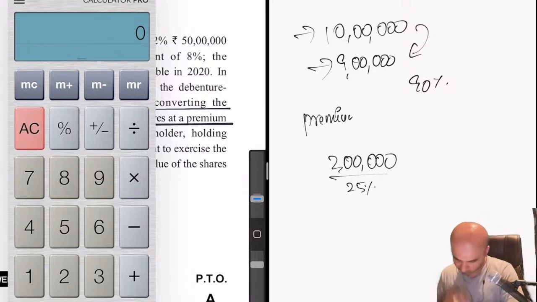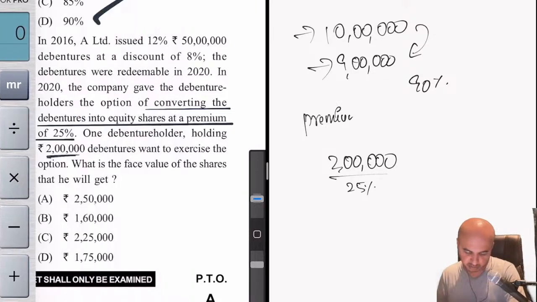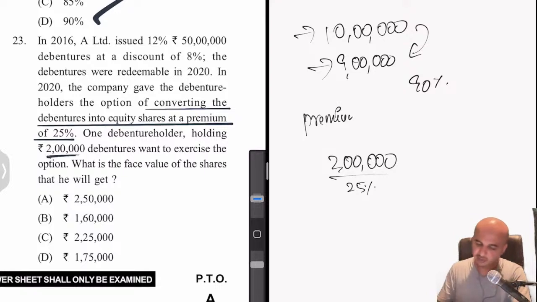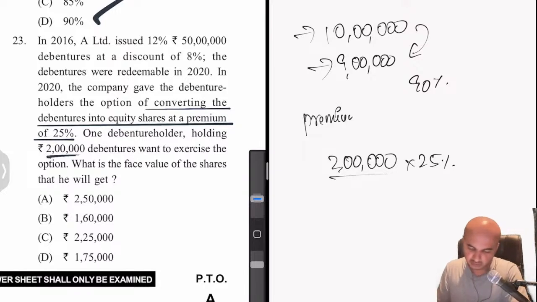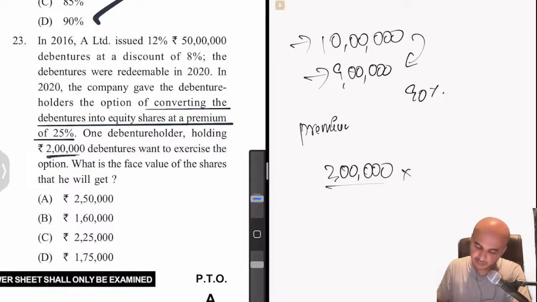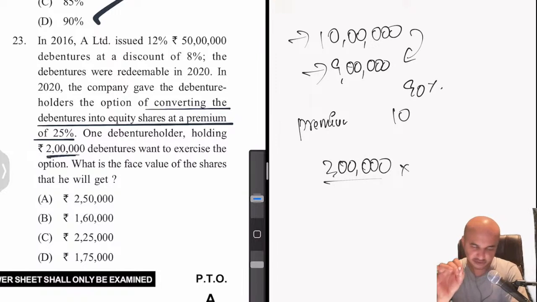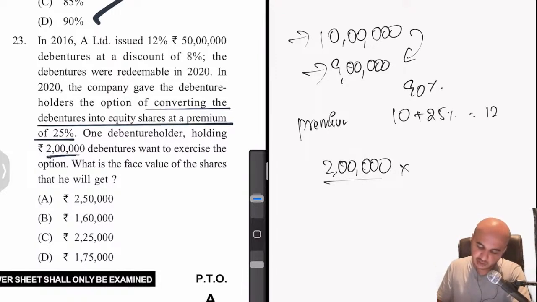No, premium of, sorry, why did I divide? Multiply into 25%, or in other words, I can also do it this way. The normal face value of the share is 10, issued at 25% premium. That means 12.5. 25% on 10 would be 2.5. 2.5 plus 10 will be 12.5.